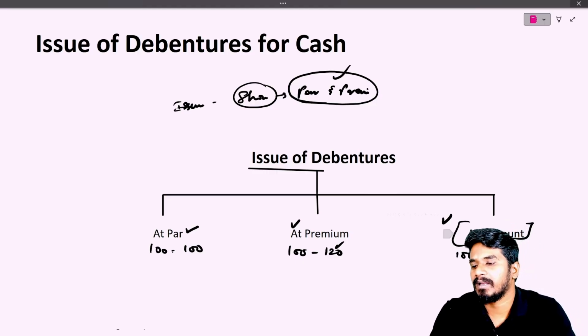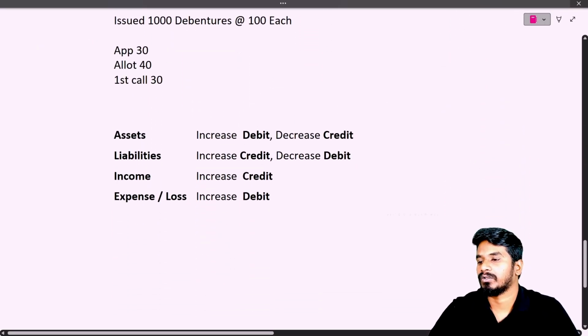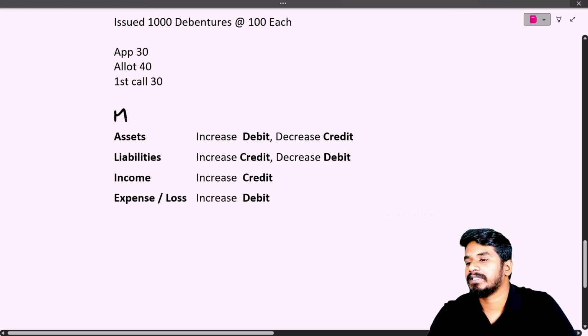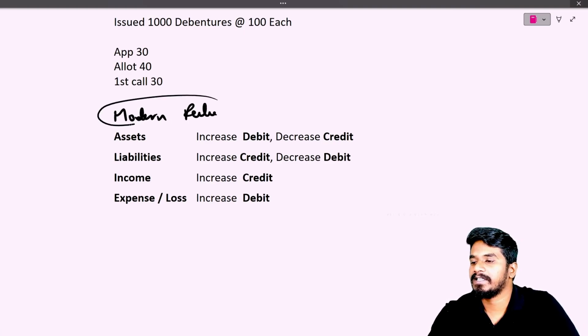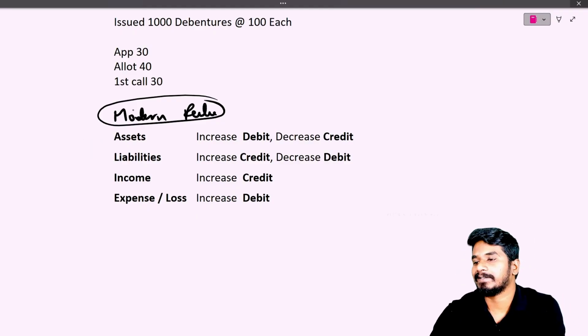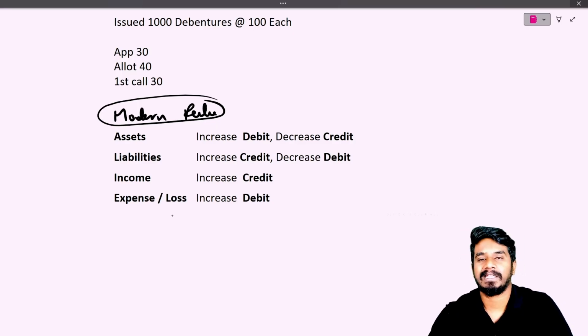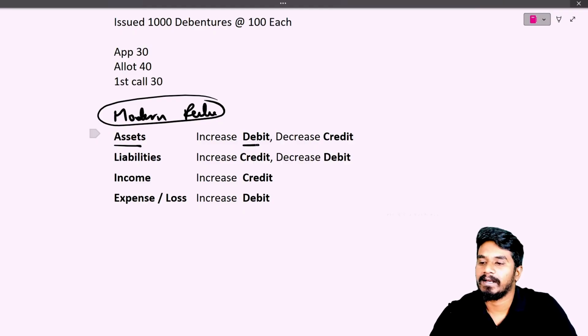Let us see one example and understand the journal entries. Before understanding journal entries, we need to understand the modern rules. I have discussed these things in shares also, so if you know the shares chapter, this is very, very easy. If an asset increases, we will debit, and if an asset decreases, we will credit.